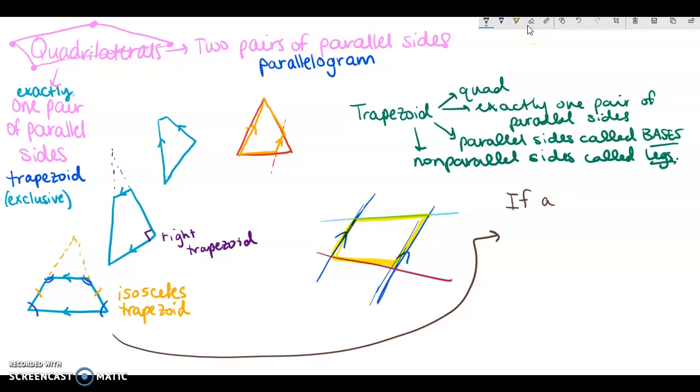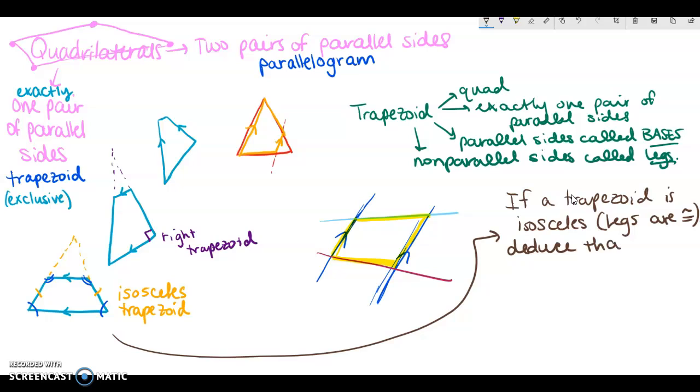So if you're told that there's a trapezoid and it's isosceles, so the legs are congruent, then you can deduce that the base angles are congruent.